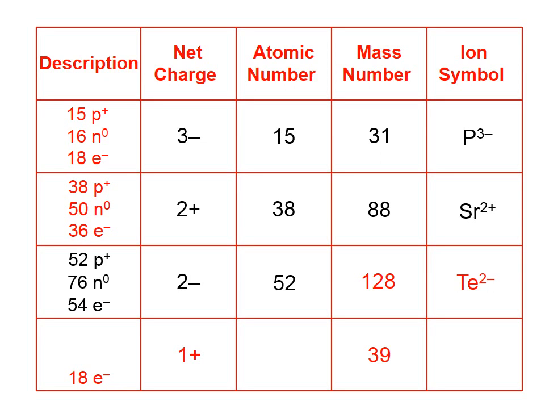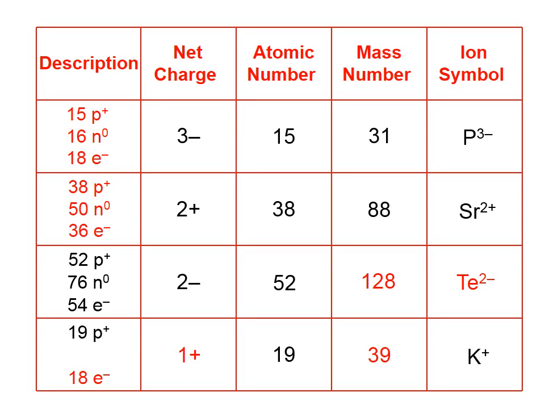Let's try the last row. Here we have a net charge of 1 plus, and we're told that we have 18 electrons. Therefore, we must have 19 protons. And that also must be the atomic number. We can then look up element number 19 on the periodic table, and we see that it's potassium, and this potassium thing has a 1 plus charge.